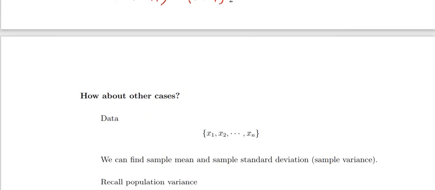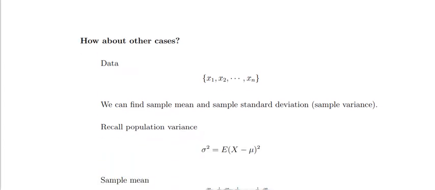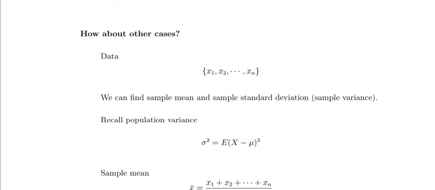Easy, right? So how about general data, not the 1-0 data? Data like x1, x2, up to xn, not 1-0. From those data, we can find the sample mean, x bar, right?